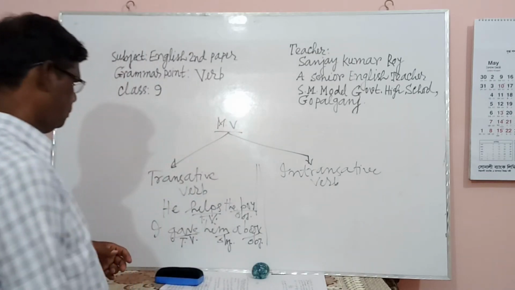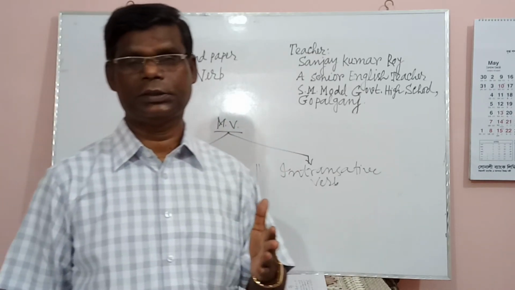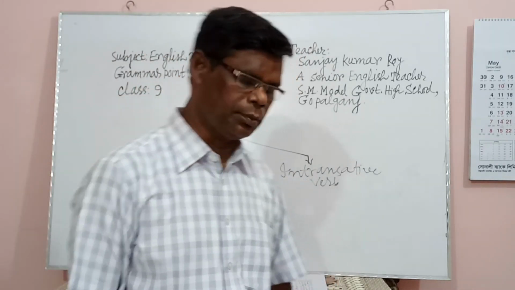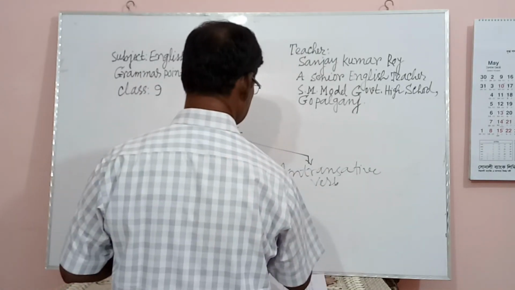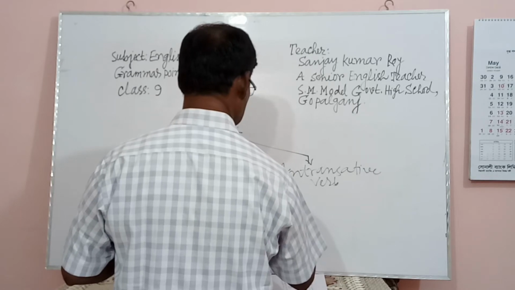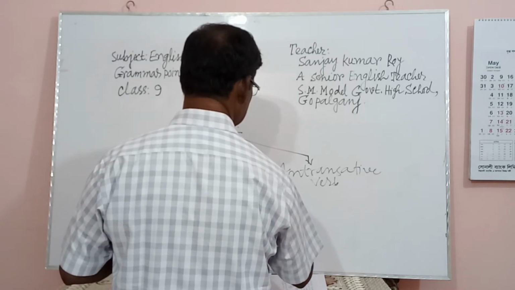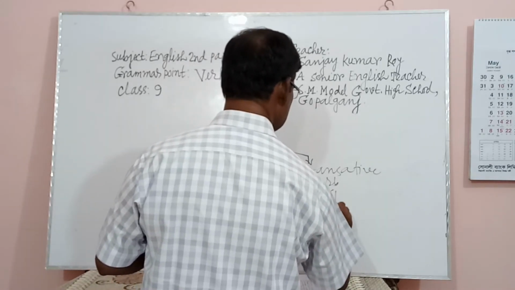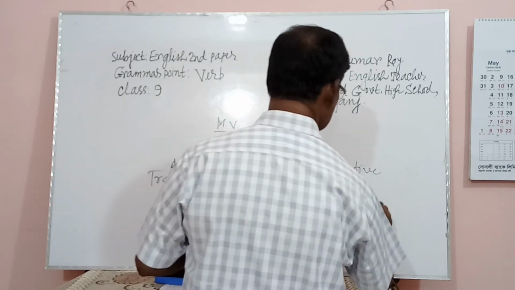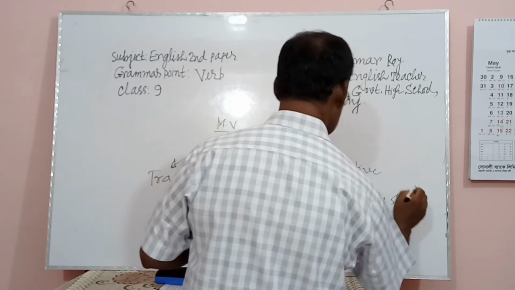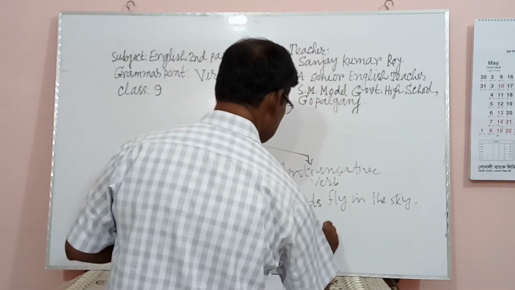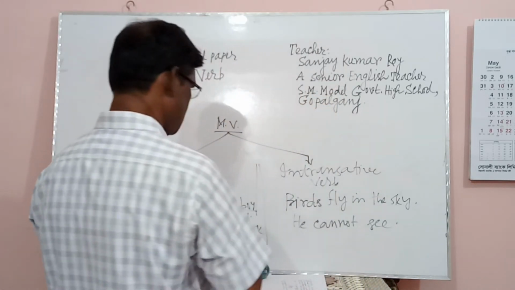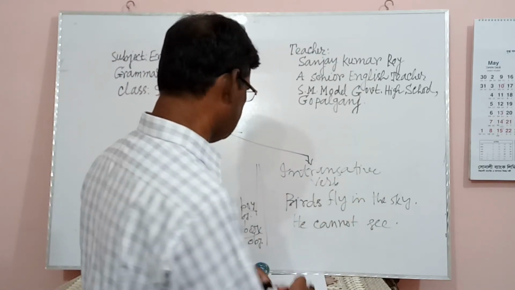But intransitive verb: the verb which has no object is called intransitive verb. He cannot see birds fly in the sky.